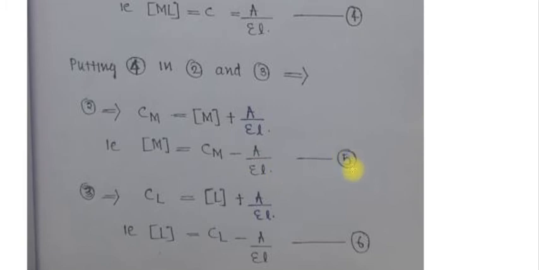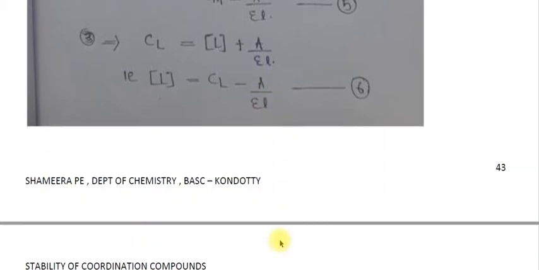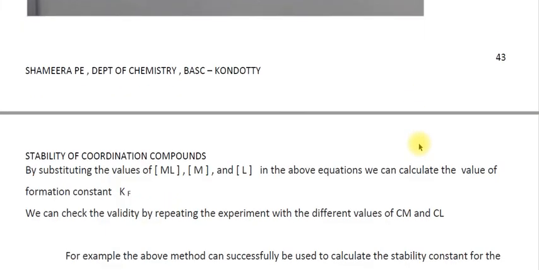Ini third equation എന്താ represent ചെയ്യുന്നത് നോക്കാം. That means CL will be equal to concentration of L plus നേരത്തെ the equation എന്താണ് ഉണ്ടായിരുന്നത്? concentration of ML എന്നാണ്, and here it is given as A by epsilon L. And that is concentration of L will be equal to CL minus A by epsilon L, and that is given as equation number 6.